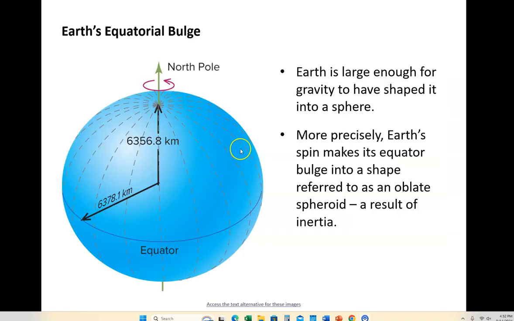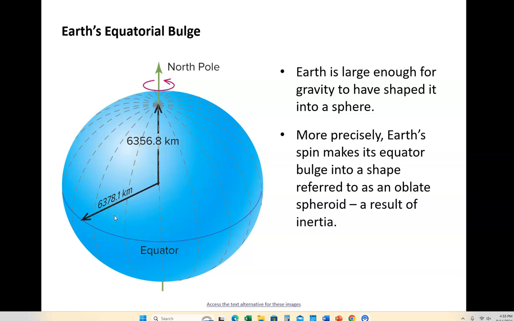All right, anyhow, so the Earth, of course, because it's spinning, the distance from the center of the Earth to the equator is a little bit longer than the distance from the equator to either the north or the south pole, right?